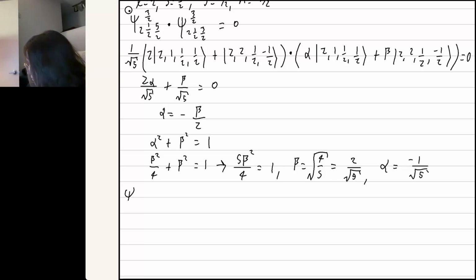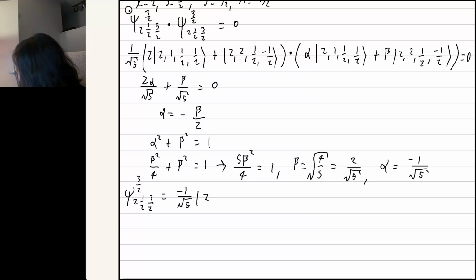So that when we construct this state, it's going to be minus 1 over root 5 times |2, 1, 1 half, 1 half, plus 2 over root 5 times |2, 2, 1 half, minus 1 half.